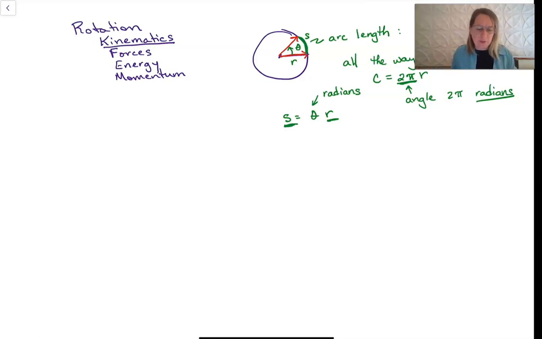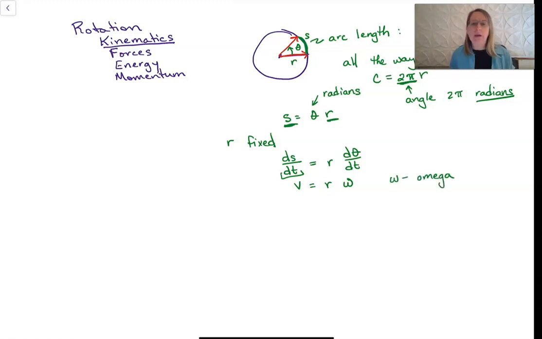And not surprisingly, we can say, well, if this changes in time, if our r is fixed, as it is for a wheel or something like that, then ds with respect to time is going to be, well, r is a constant, so we'll have r d theta dt. And so our speed is equal to r d theta dt, which is r omega. This is the lowercase Greek letter omega. If you end up calling it w, that's okay, but I'm going to call it omega, and I don't want you to be confused by that.